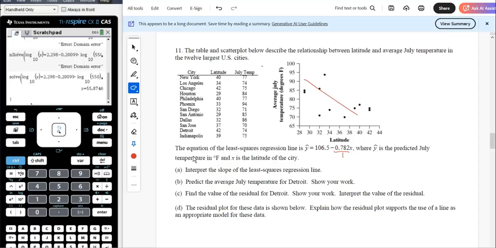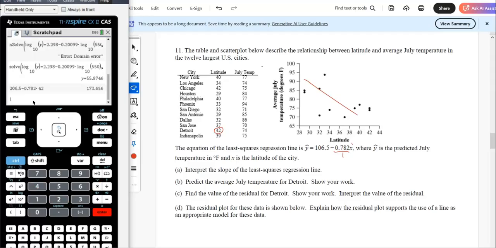Predict the average July temperature for Detroit. So Detroit is 42 for latitude, so you're plugging in 42 for x. So do 106.5 minus 0.782 times 42. I would predict 173.656.